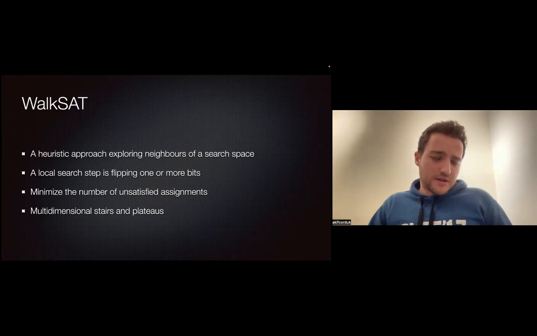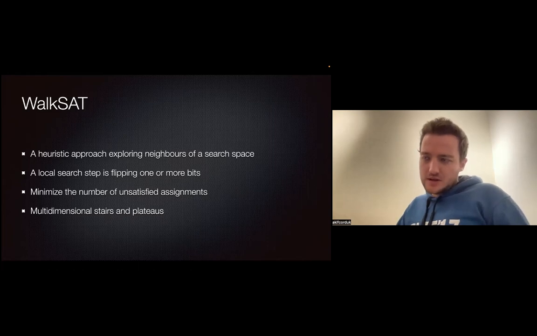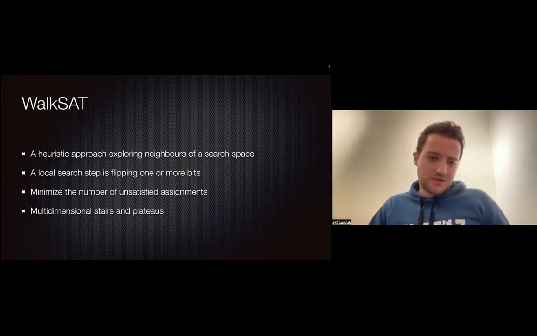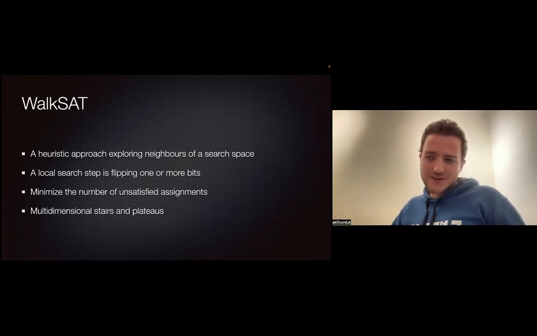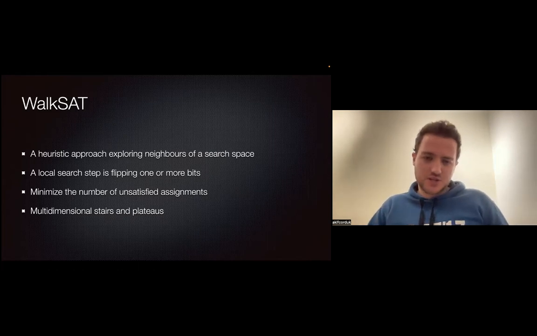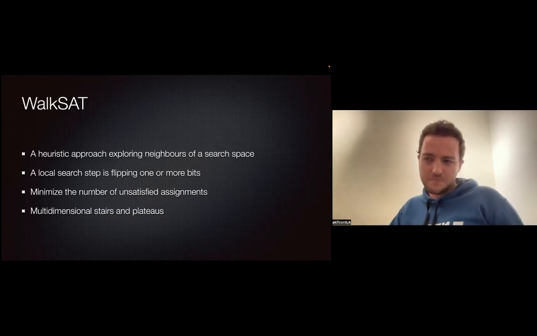I imagine the search space of a Boolean equation as a multidimensional stairway that contains a lot of plateaus. Why do I say plateaus? Because most of the time you flip a bit, but the number of satisfied and unsatisfied clauses doesn't change at all. They stay exactly the same.